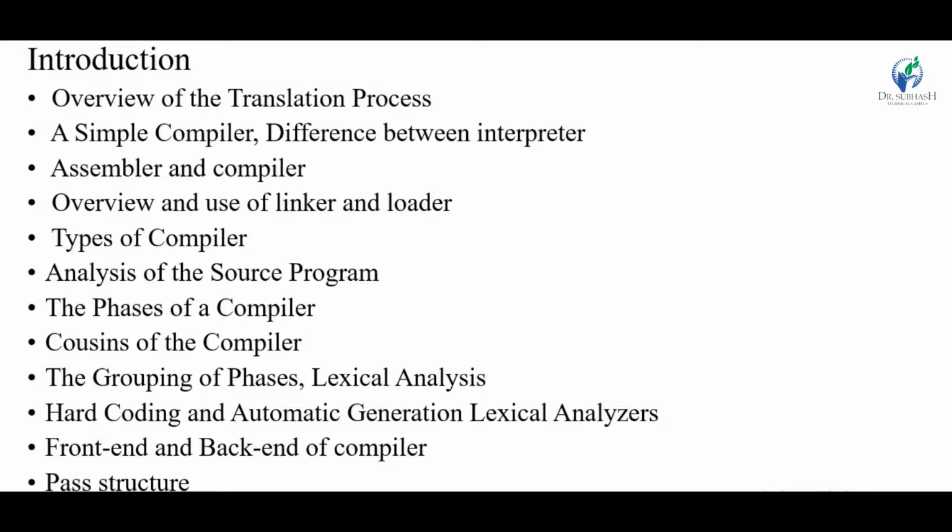While a phase of a compiler is a distinguishable stage which takes input from the previous stage, processes it and yields output that can be used as input for the next stage.